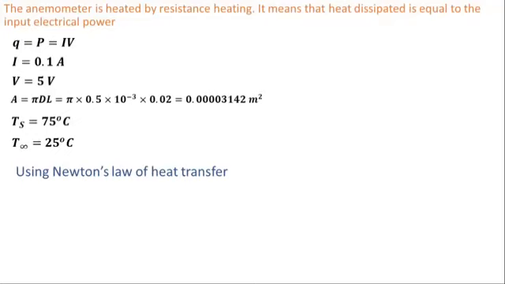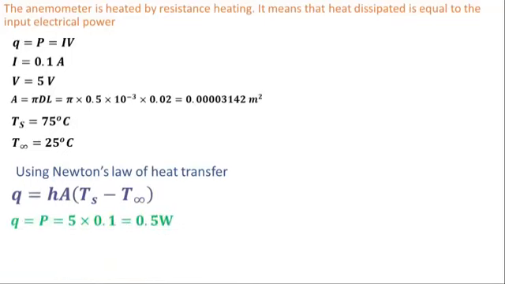It states that Q equals h A (Ts minus T infinity), where Q is the heat transfer from the anemometer wire to the air, h is the convective heat transfer coefficient of air, A is the area perpendicular to the direction of heat transfer, which is the surface area of the cylinder, Ts is the surface temperature of the anemometer, and T infinity is the air temperature.